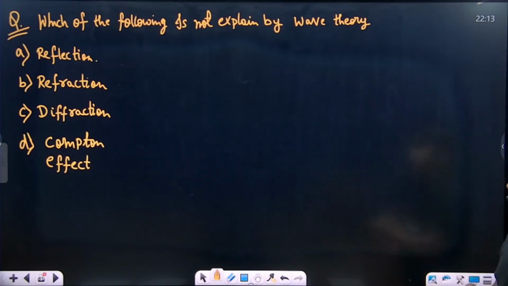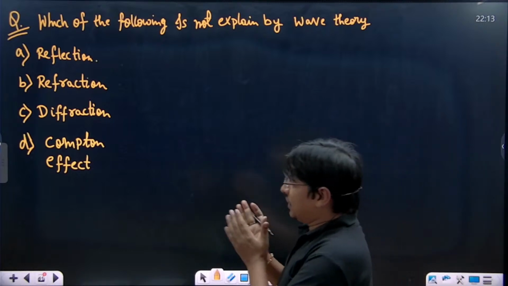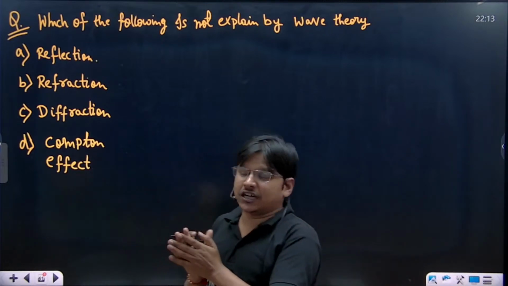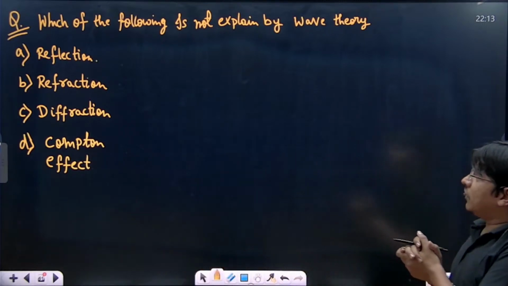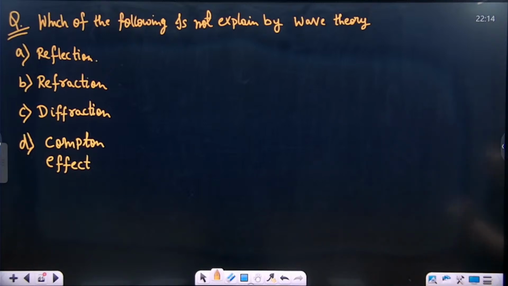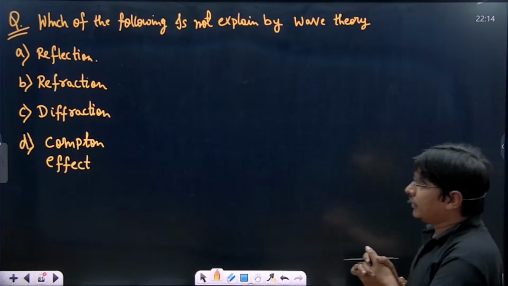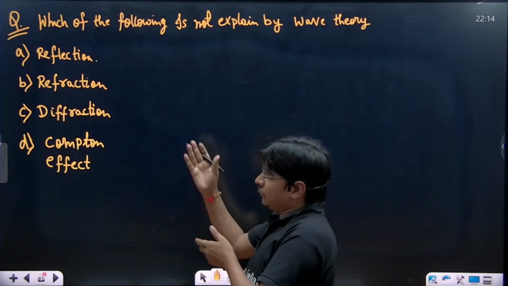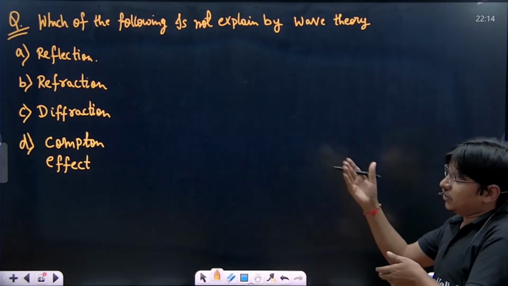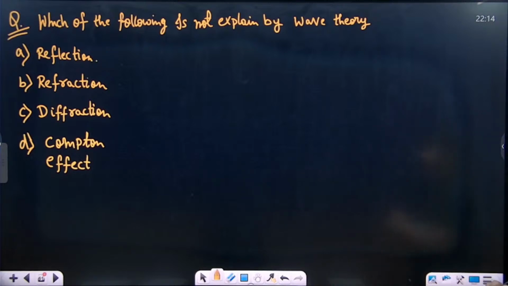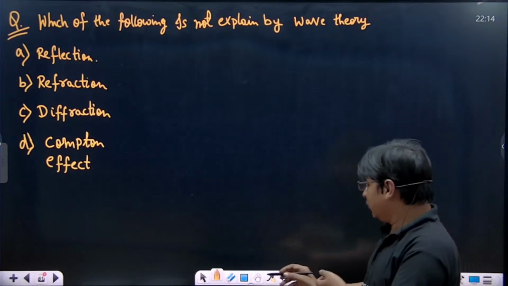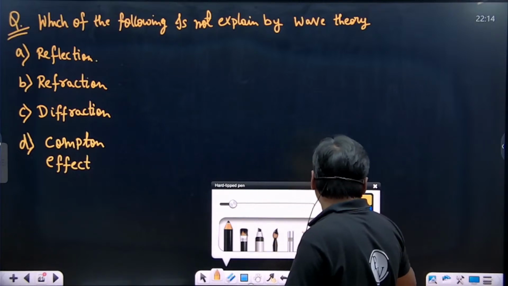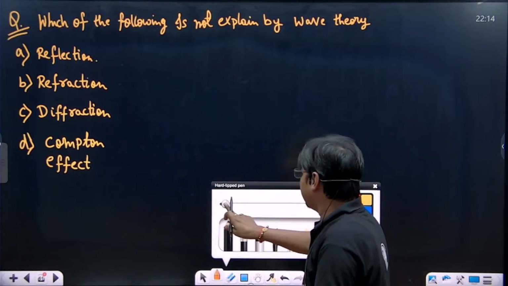Let's see the question. The first one is simply a basic question from your NCERT. Which of the following is not explained by the wave theory? If you recall, the first three options, reflection, refraction and diffraction, we have already done in the regular course.